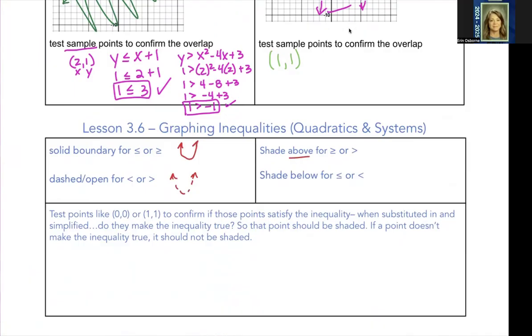Shade above when you see the greater than symbols, shade below when you see the less than symbols. And if needed, you test points that are easy, like (0, 0), (1, 1) if they're available. We used a (2, 1) because the numbers were small. And when substituted into both, they have to make the inequality true. If a point doesn't make the inequality true, that's where you should not be shading.